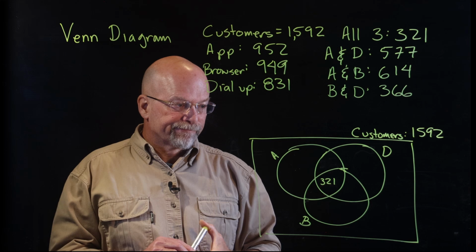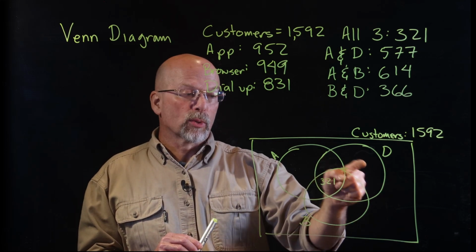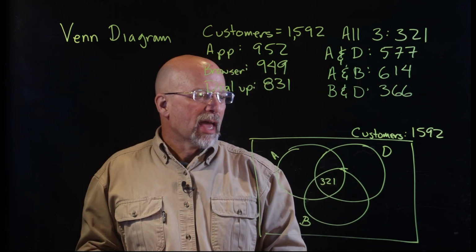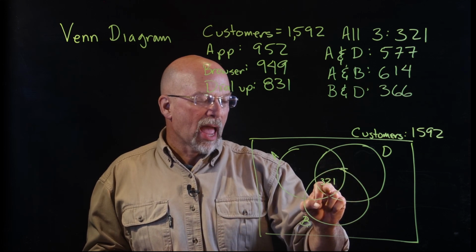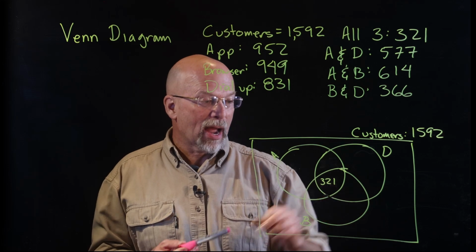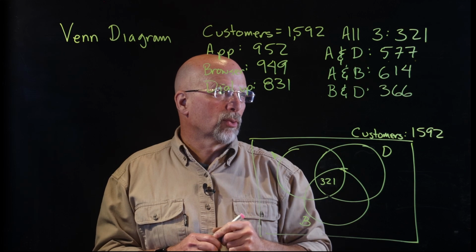Now, can we figure out these regions here and subsequently these regions here? Yes. Since we know how many have used the application and dial-up, and we know how many people have used the application, dial-up, and browser, all we do is take application and dial-up and subtract 321.